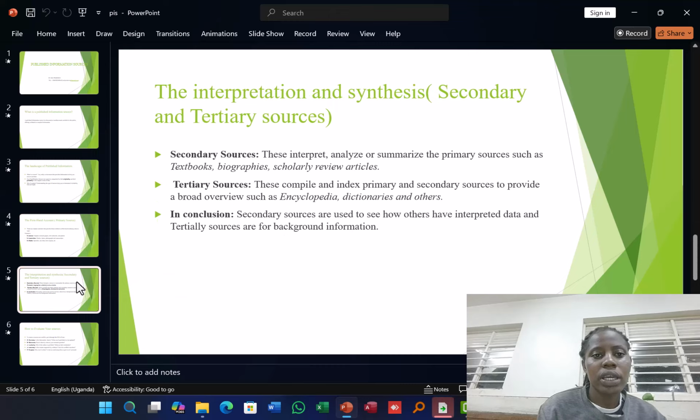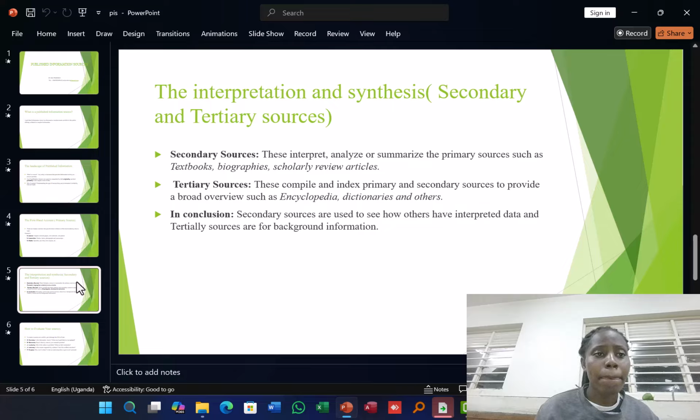Then we have the interpretation and synthesis: secondary and tertiary sources. Secondary sources interpret, analyze, and summarize the primary sources, such as textbooks, biographies, and scholarly review articles.